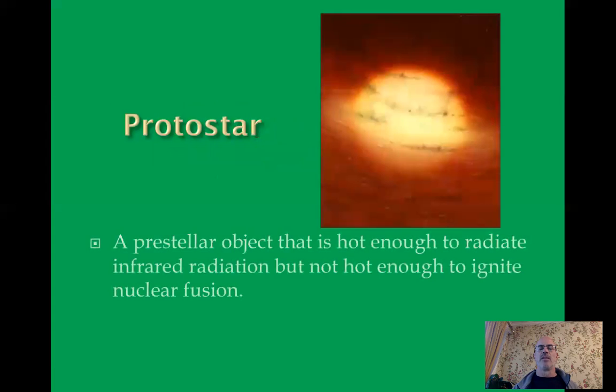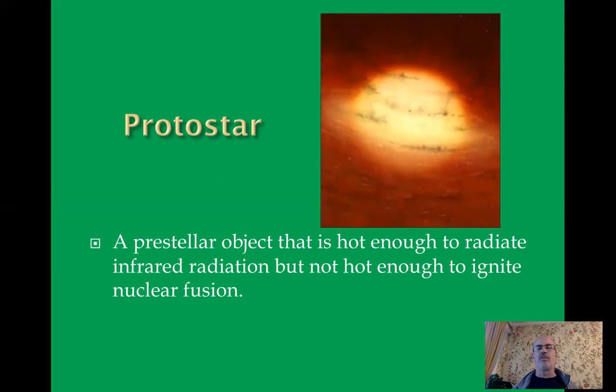Okay, so a protostar is a prestellar object that's hot enough to radiate infrared radiation, but not hot enough to ignite nuclear fusion. We talked about the fact that nuclear fusion requires millions of Kelvin, 10 million Kelvin or so. So something could be a lot cooler than that.